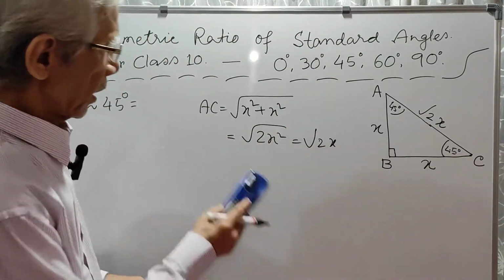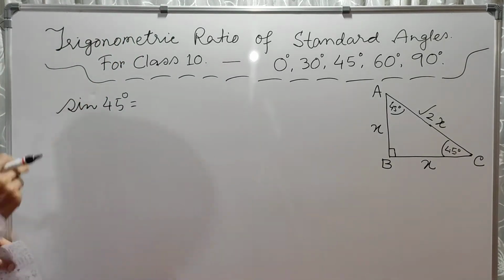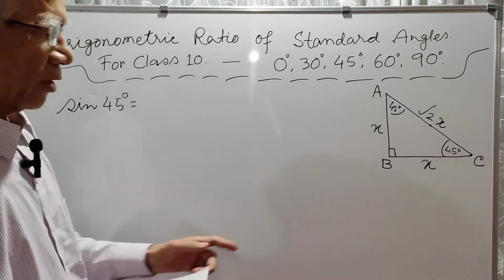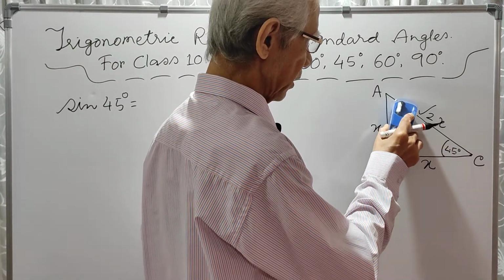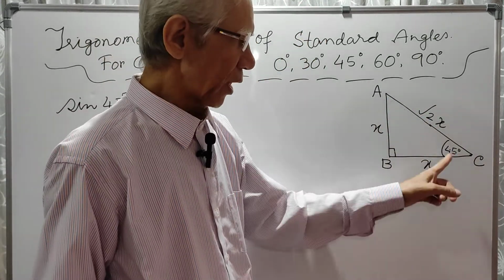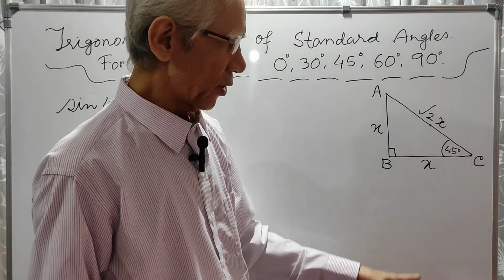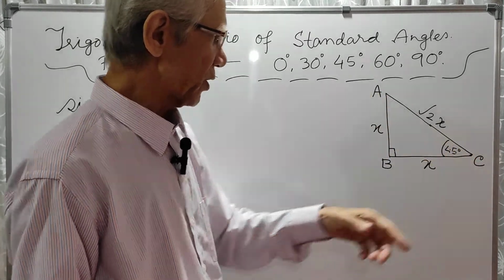Alright. Now let us see sine 45. Now sine of this angle, now this is the angle under consideration, not A. Angle C is under consideration. So this is theta, alright. Now this is 45 degrees. Now sine of this angle is opposite by hypotenuse, that means AB by AC.